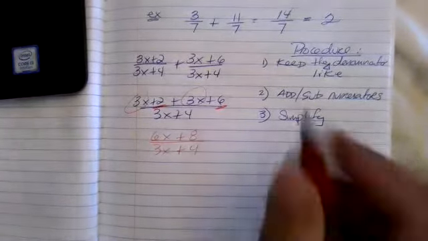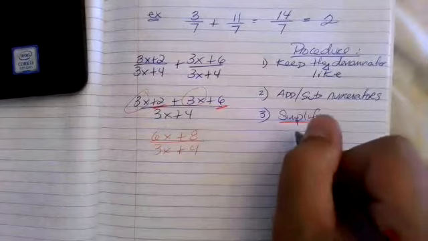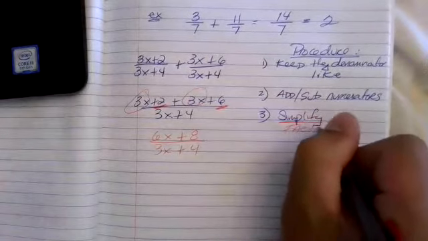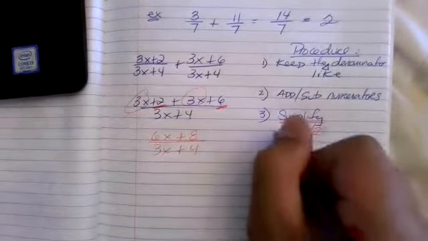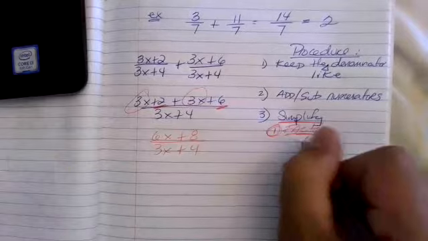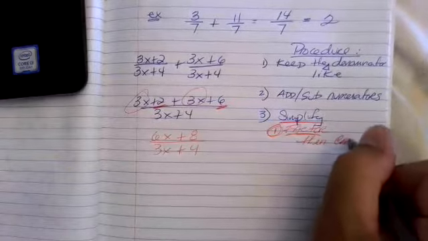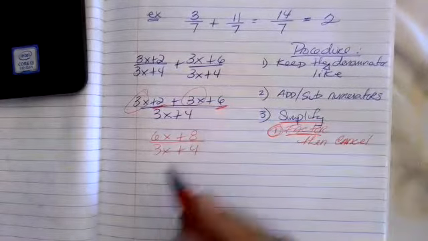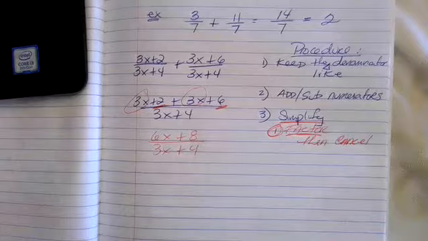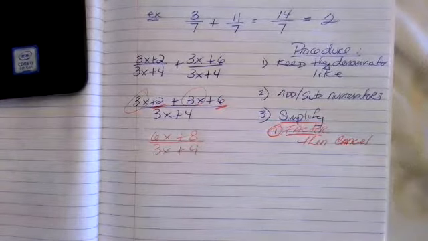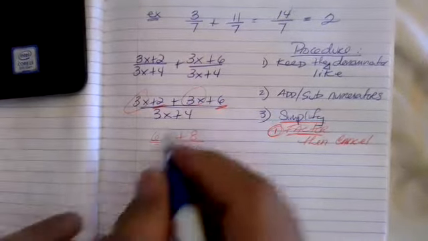Now remember, to simplify a rational expression, you factor and cancel. Factor, then cancel. You can't cancel first. I'm sure a lot of you tried canceling here. Don't cancel. Factor out.